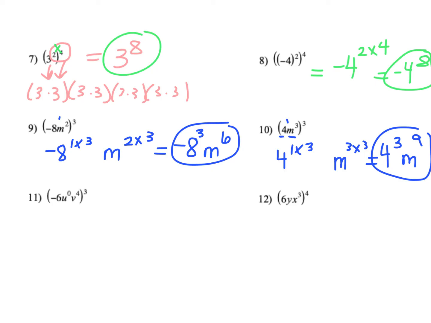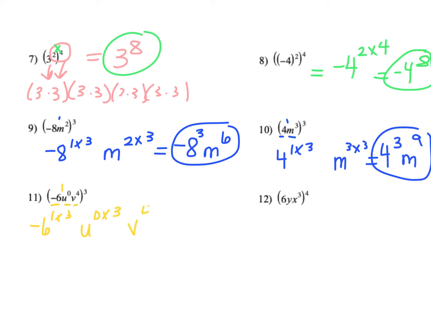Okay, moving along. Oh boy, there's 1, 2, 3 terms on this one. I'm going to put my invisible 1 there. I'm going to keep the base, and I'm going to multiply the exponents. Keep the base, multiply the exponents.